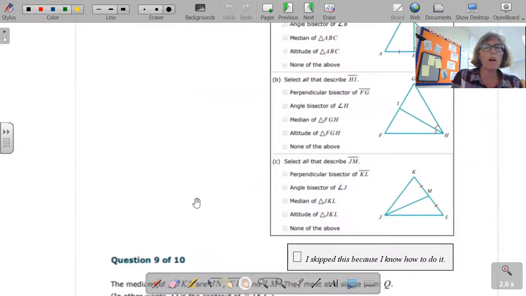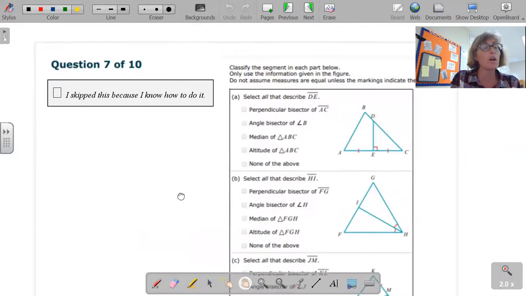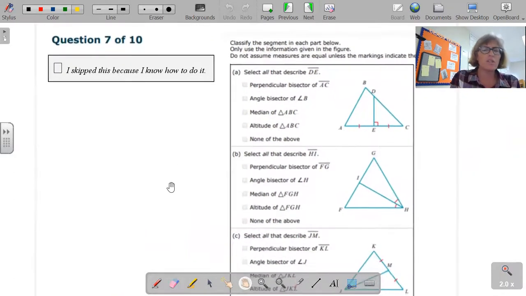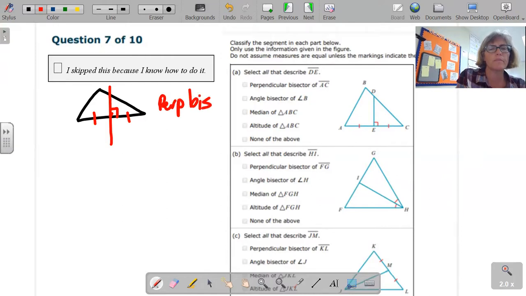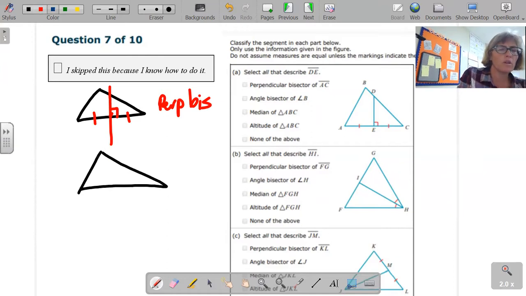It's asking what each of these segments are, and let's just define them. That's probably the easiest. A perpendicular bisector is a segment that is perpendicular and bisects. That is a perpendicular bisector. A median goes from vertex to the opposite midpoint.